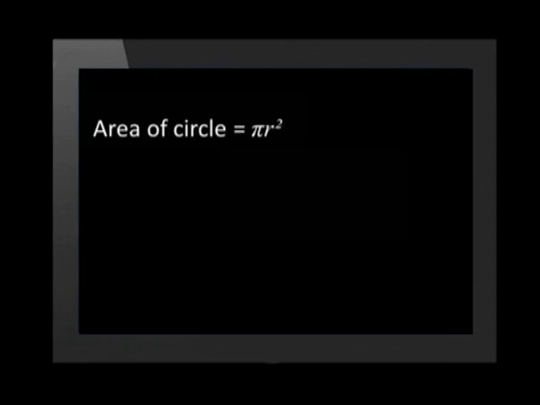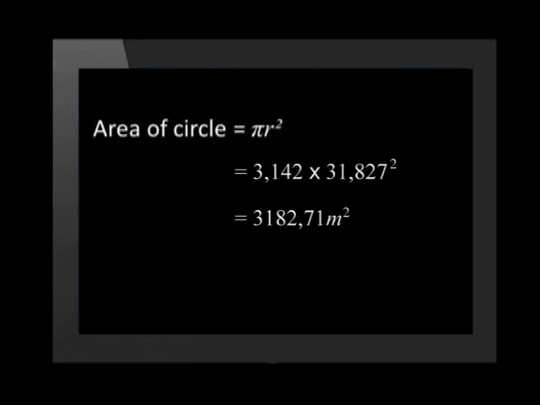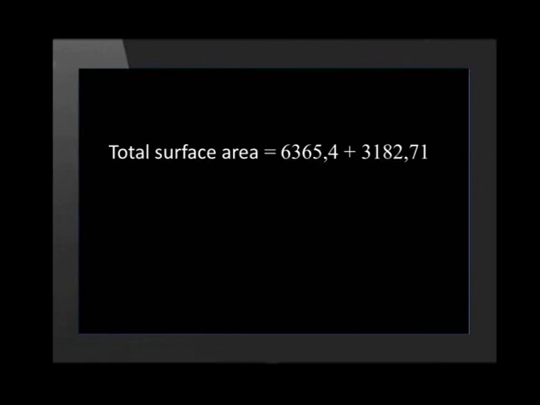Using the formula for the area of a circle and pi equal to 3,142, we get the area of the 2 semicircles to be 3,142 times 31,827 squared. This equals 3,182,71 square meters.